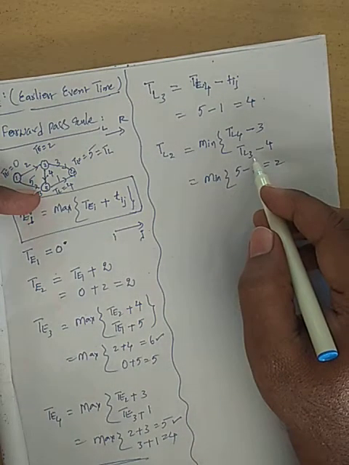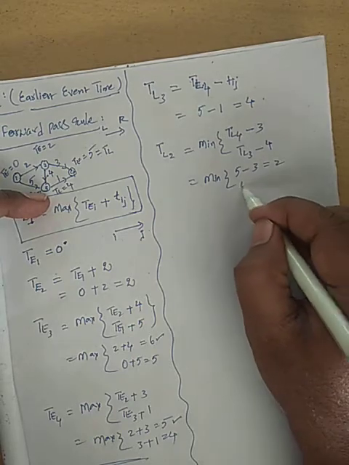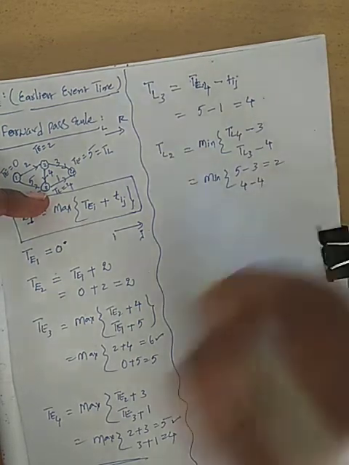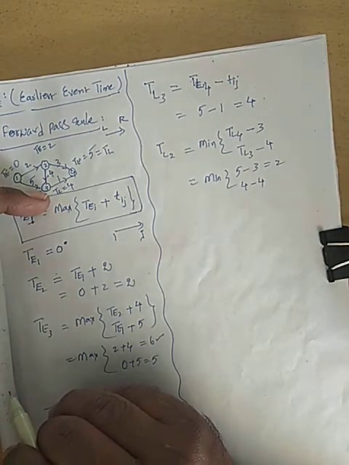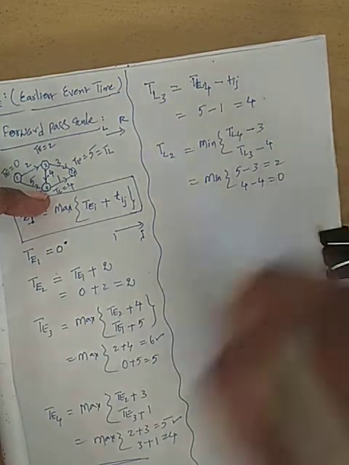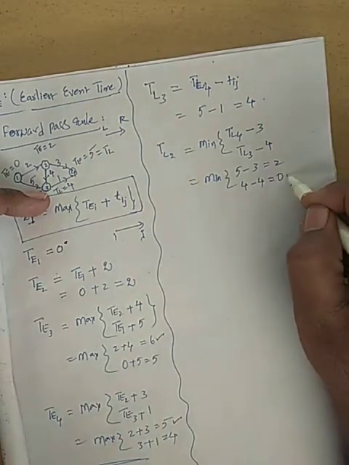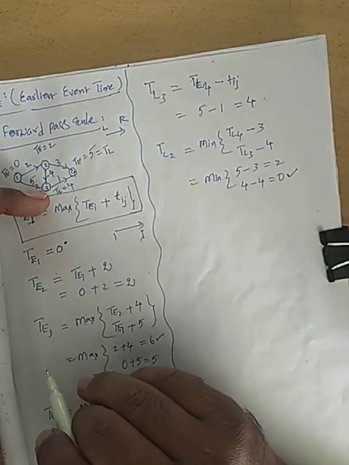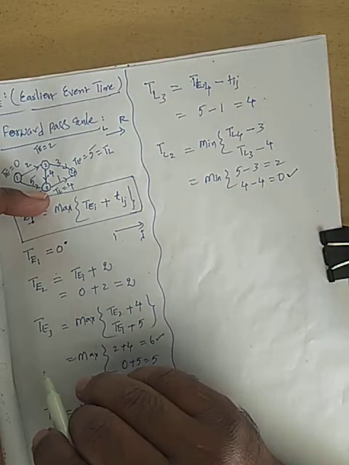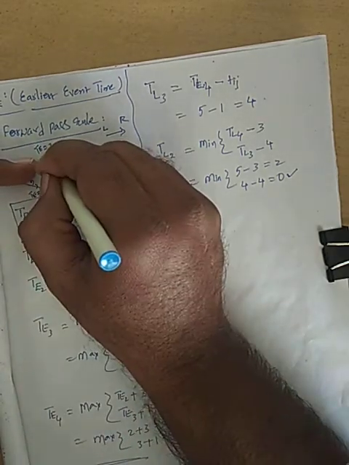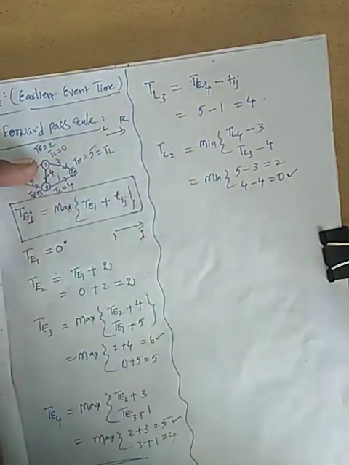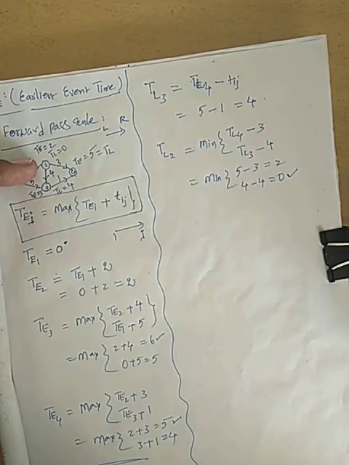Now what is TL3? 4 minus 4. How much do you get? 0. Okay, now what is the minimum? This one. So TL2 is nothing but 0.